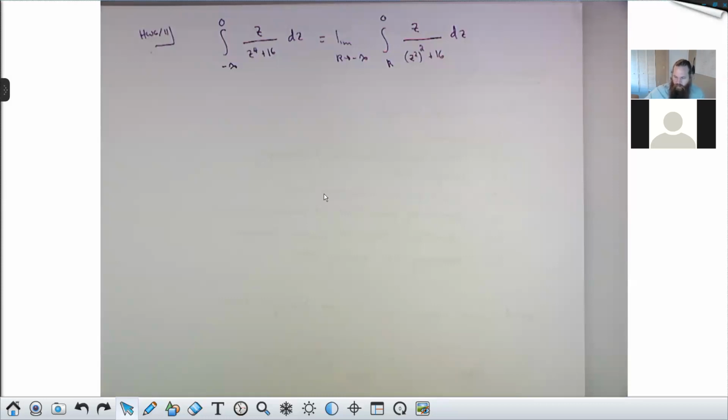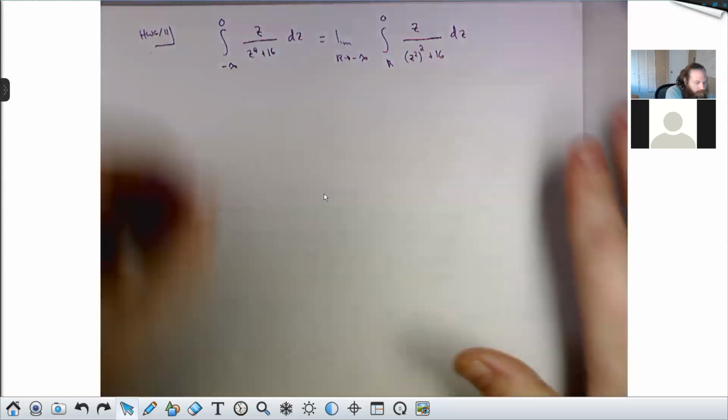The numerator there is just z, which means I couldn't substitute for the whole denominator. The derivative of the whole denominator is 4z cubed. And I don't have a z cubed upstairs to play with in terms of the differential, but I do have a z upstairs to play with in terms of the differential.